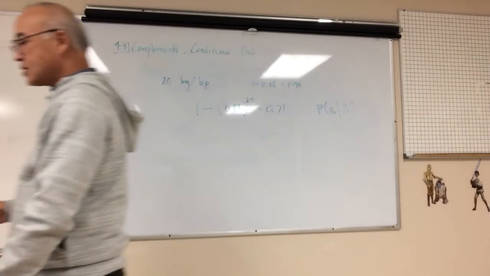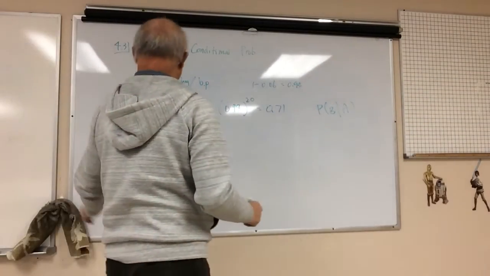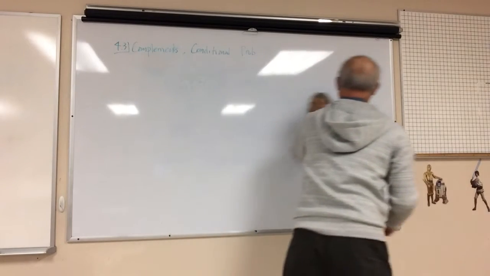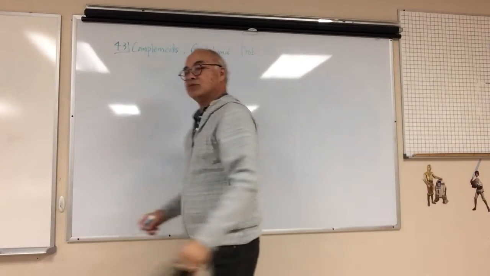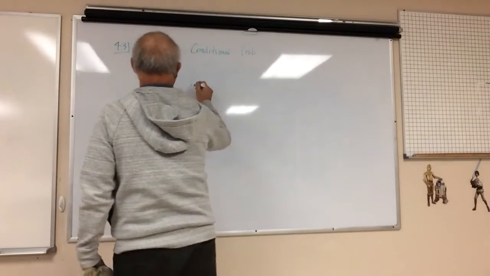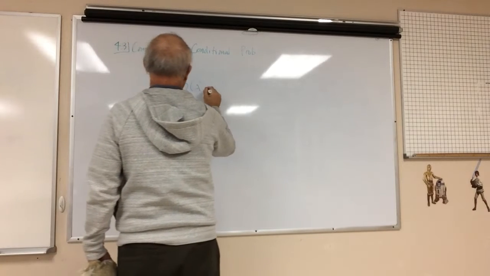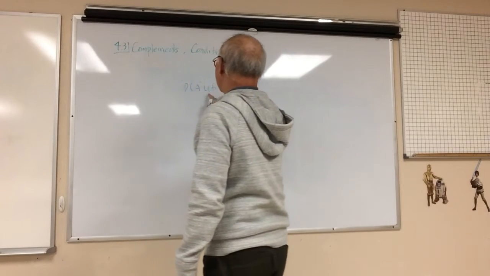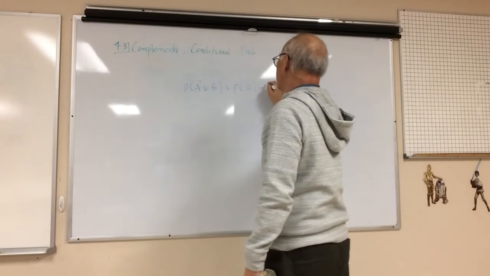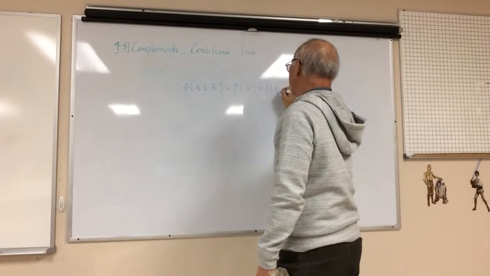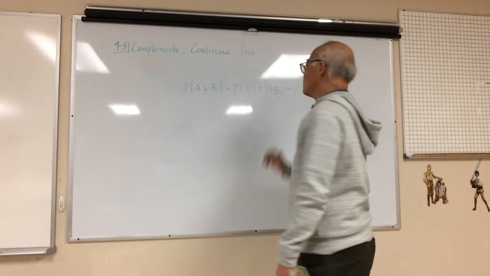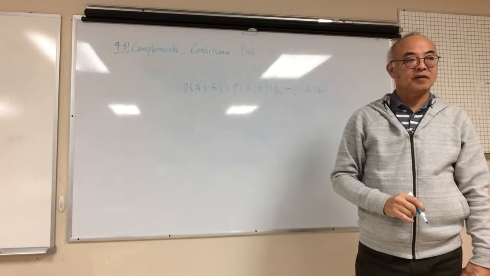And when do we use this? We use this in the multiplication rule, correct? Because we had 2 rules, right? We had the addition rule and we had the multiplication rule. The addition rule went like P of A or B is equal to the probability of A plus the probability of B minus the probability of A and B. This was the addition rule.